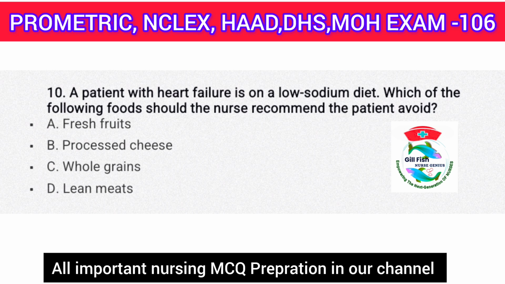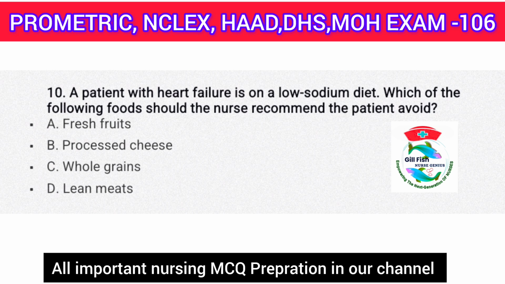Actually, the patient has heart failure, so you have to advise the patient to take a low sodium diet. Which food should be avoided? Processed cheese. Option B is the correct answer. It is a high sodium food, so it should be avoided.